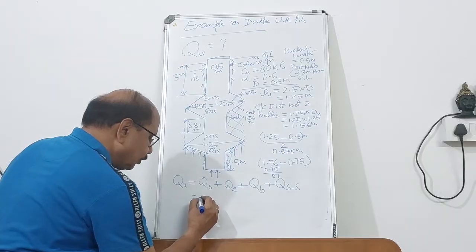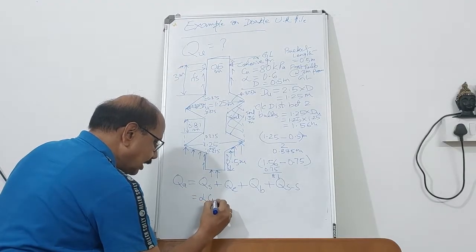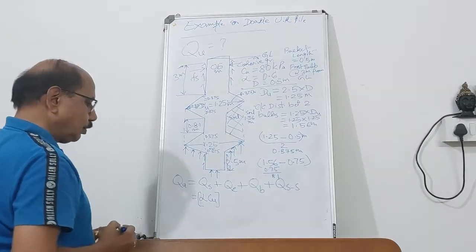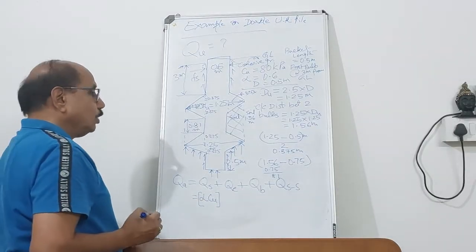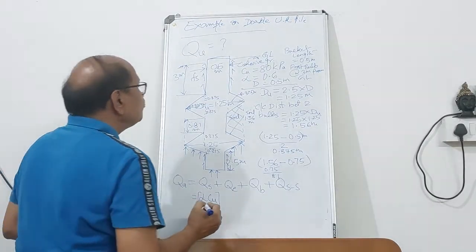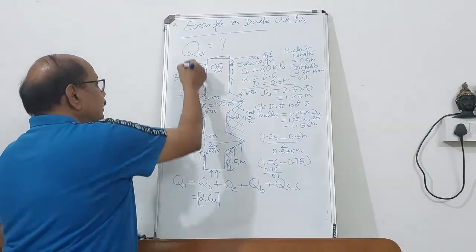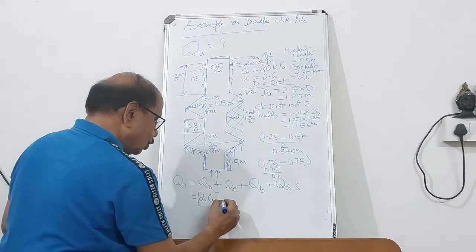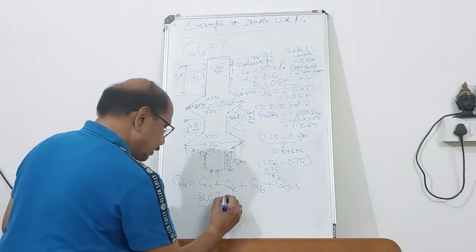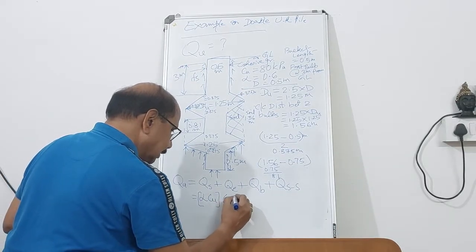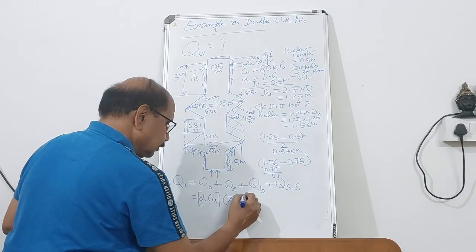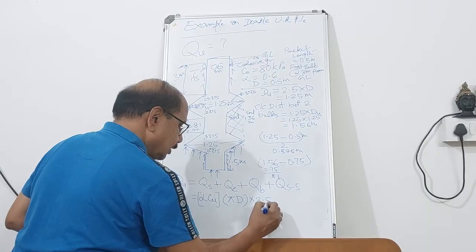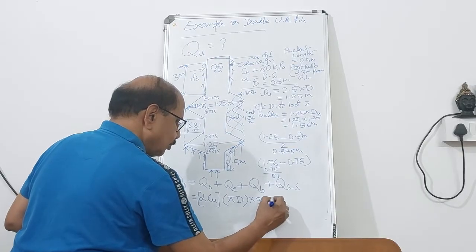So the unit skin friction is alpha times Cu, multiplied by pi d into 3.5 meter.